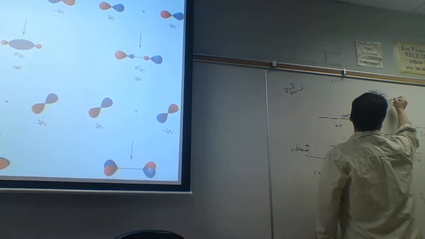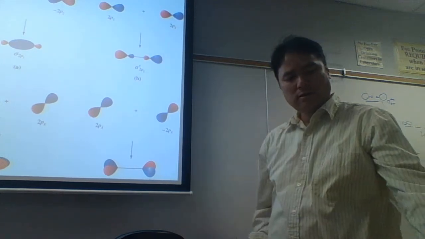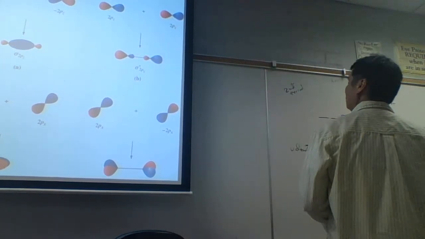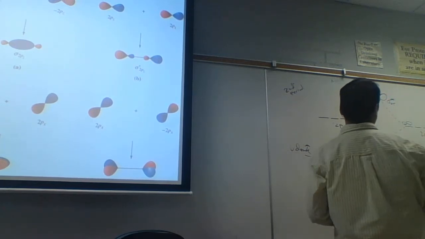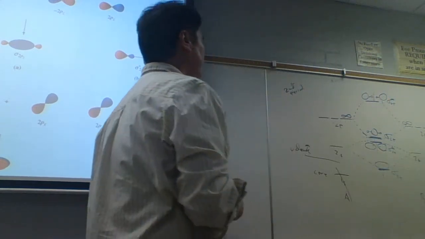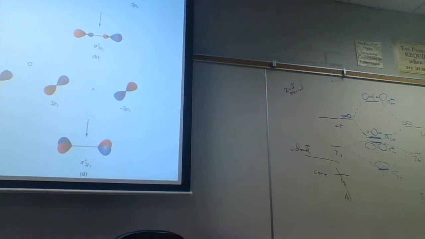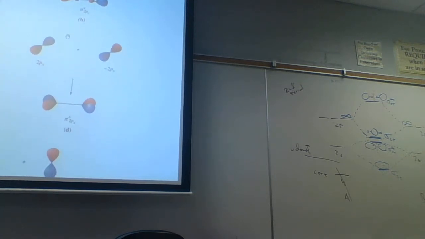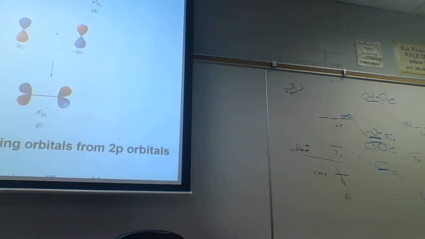This is a sigma star 2p. Again, there's a node here down the middle, and so these two nuclei essentially see each other. My diagram's not symmetric; it should be symmetric. All right, we have two other p orbitals too. Let's look at this one, the py and the py.